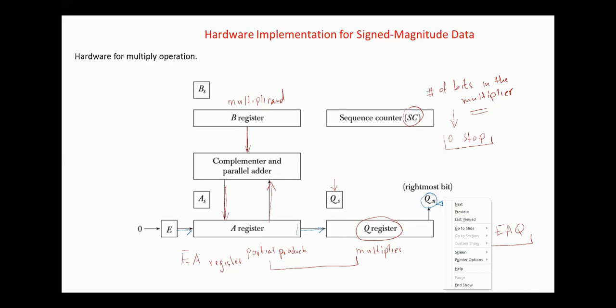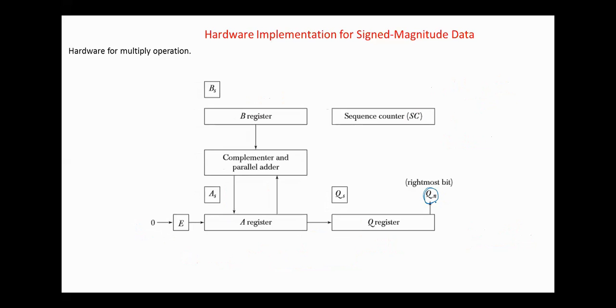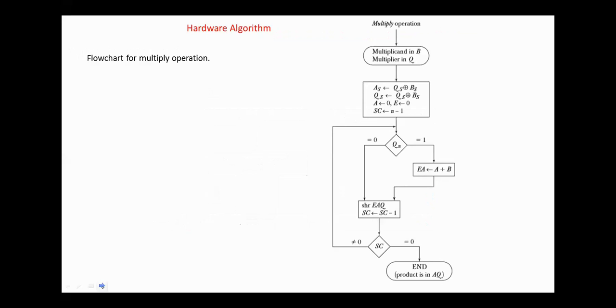If, however, QN is 0, we do not need to add, we just perform the shift, and 0 is shifted to the E flip-flop on each shift operation. So according to this scenario, the rightmost flip-flop in register Q will hold the bit in the multiplier which must be inspected next. Here, the hardware algorithm is demonstrated by means of a flowchart for the multiply operation.